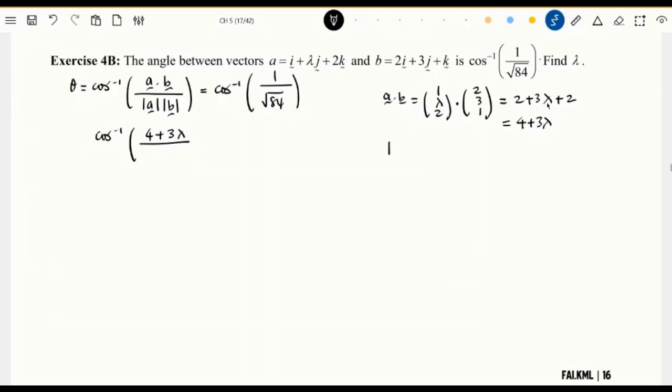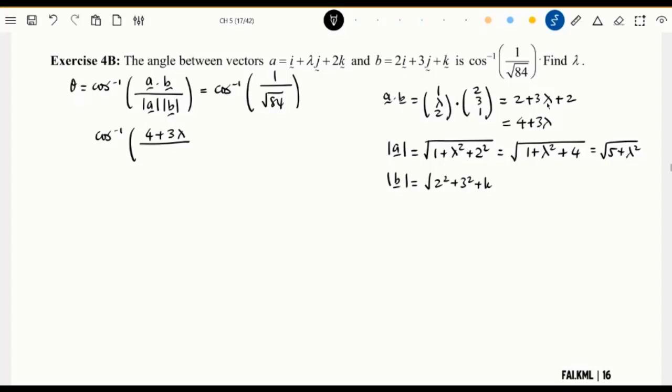Okay, magnitude A. Square root of 1 plus alpha square plus 2 square. So dia adalah square root of 1 plus lambda square plus 4. So dia adalah square root 5 plus lambda square. Magnitude B. 2 square plus 3 square plus 1 square.